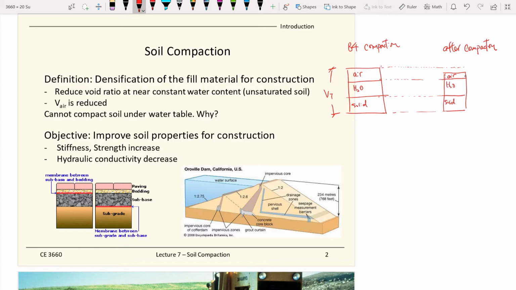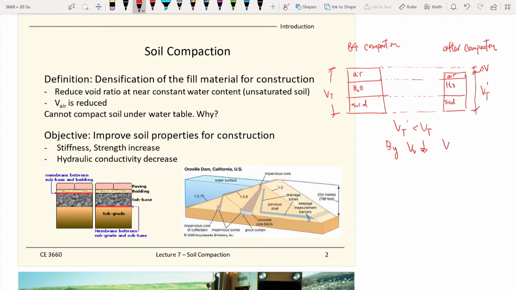So now this is your updated total volume. And we have a change of volume because of the reduction of the air. We have done that because the volume of void has decreased.